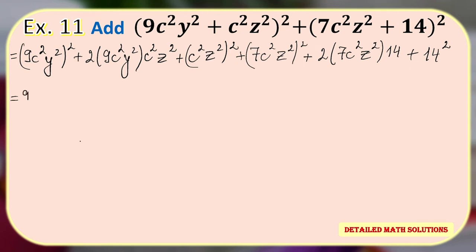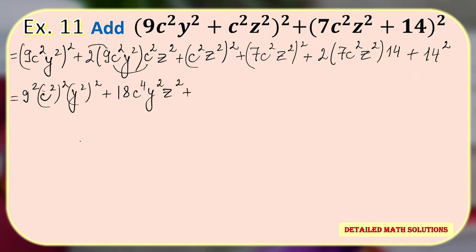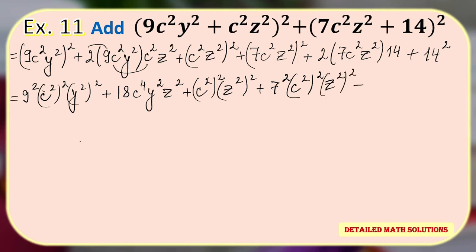This way I get 9 squared c squared to the power of 2 y squared to the power of 2 plus 2 times 9, 18, c squared multiplied by c squared is c to the power of 4 y squared z squared plus c squared to the power of 2 z squared to the power of 2 plus 7 squared c squared to the power of 2 z squared to the power of 2 plus I have 2 times 7 times 14, it equals 196 c squared z squared plus 196.